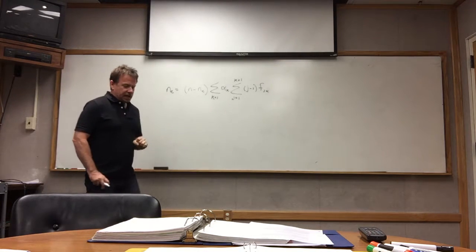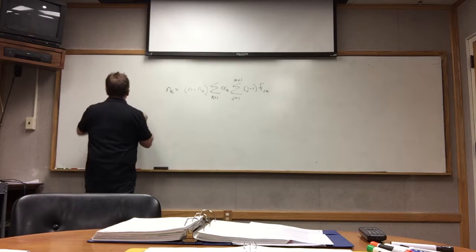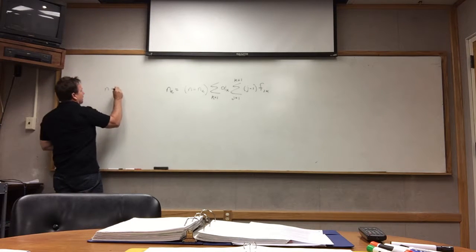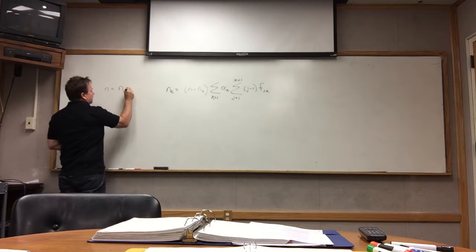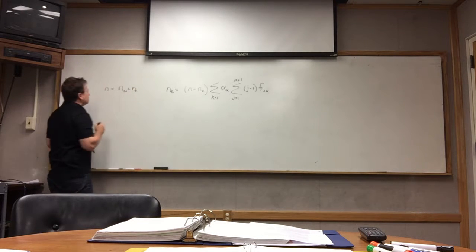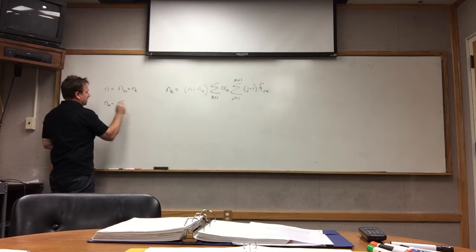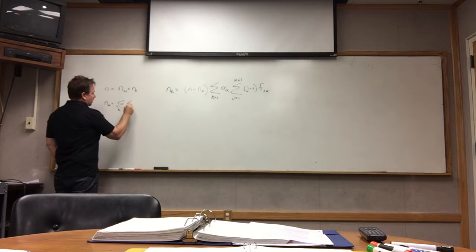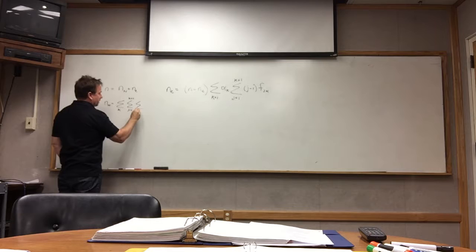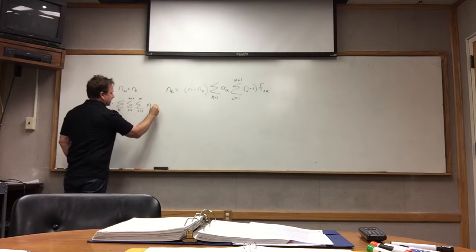But now we're into the gas, and we've defined the total number density as the nuclear number density plus the electron density. And we've defined the nuclear density as the sum of the densities over all species, over all ionization stages, over all excitation states.